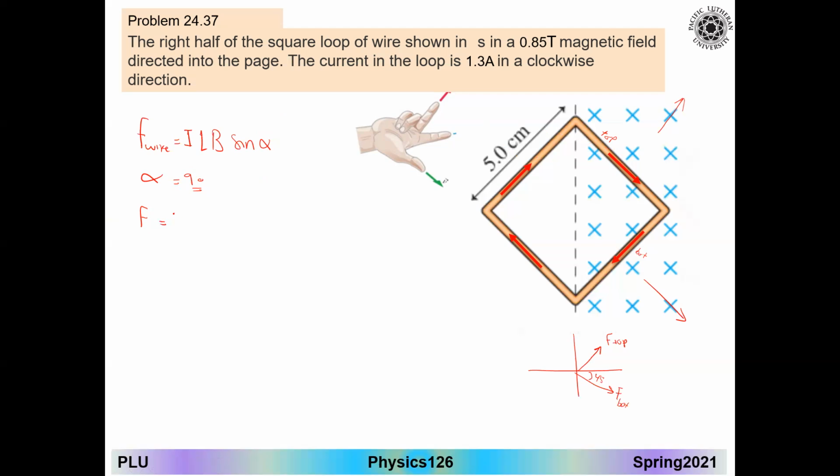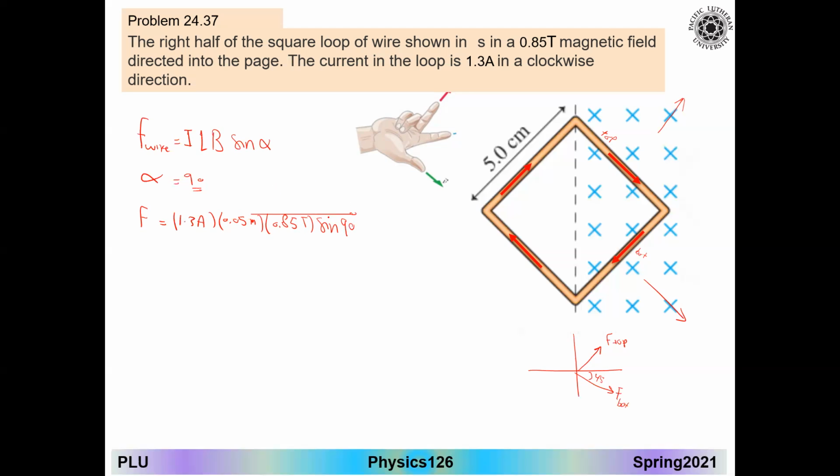So the force on the wire will be the current, in this case 1.3 amps, times the length 0.05 meters, times the magnetic field 0.85 Tesla, times sine 90 degrees.